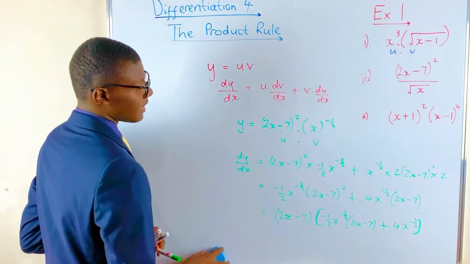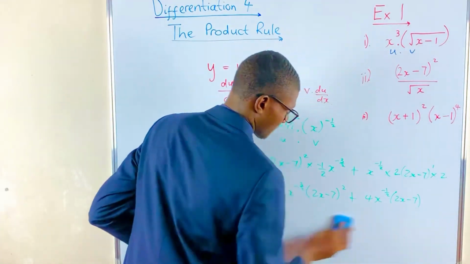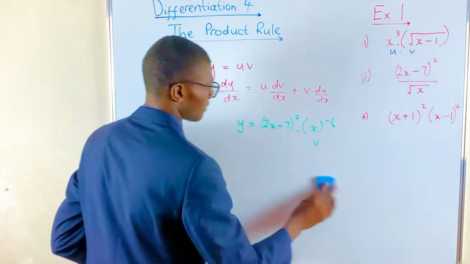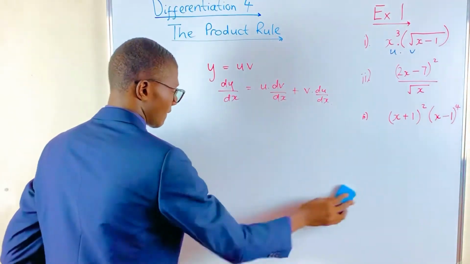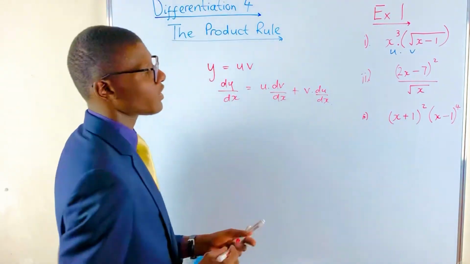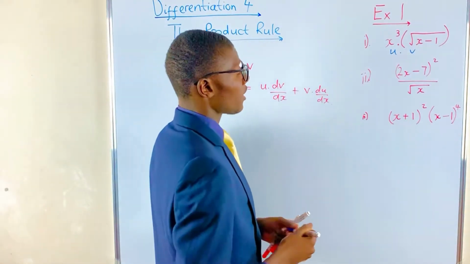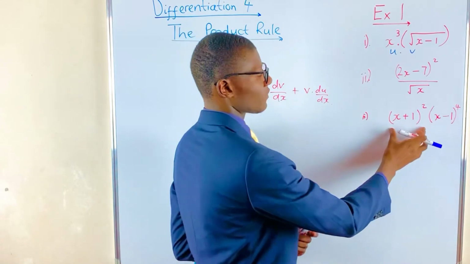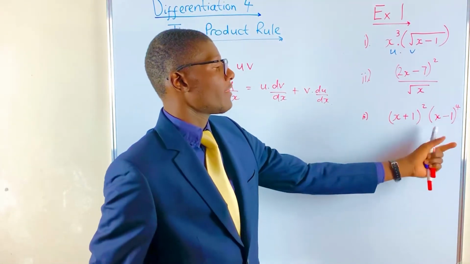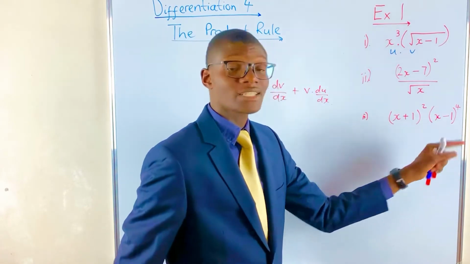Now let's look at the last example. Okay, so now for the last example, we want to differentiate this quadratic function of the function x plus 1 and that quartic function of the function x minus 1.